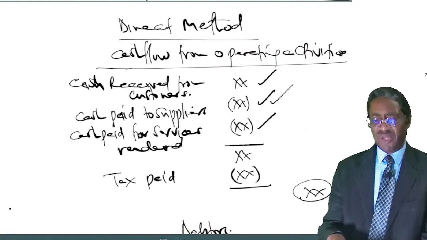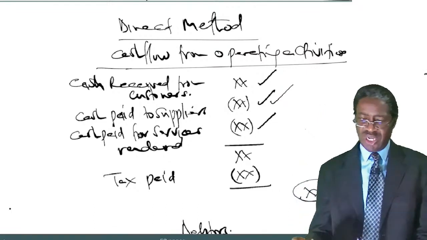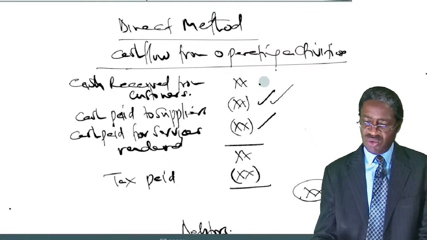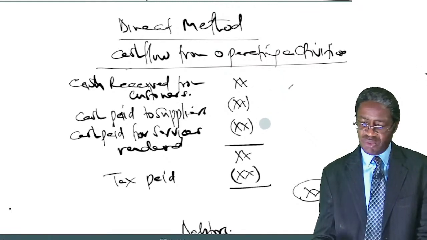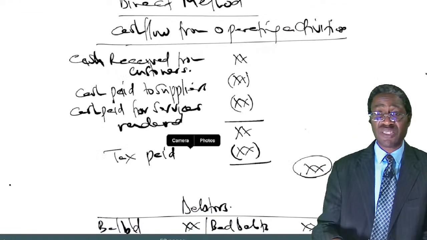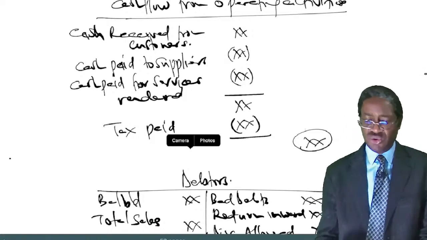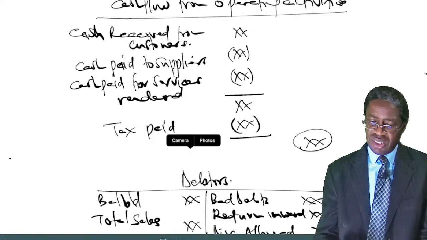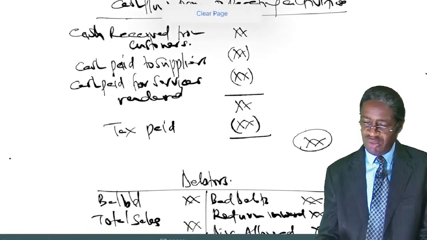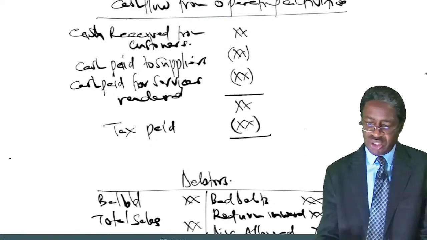And I think you can copy this now. So just show that you are saying direct method, cash flow from operating activities. Then you come and say here, cash received from customers, cash paid to suppliers, cash paid for services rendered. Then you get the net total. Then you normally minus tax paid. Then once you minus the tax paid, whatever amount you get, we normally push it to the extreme.